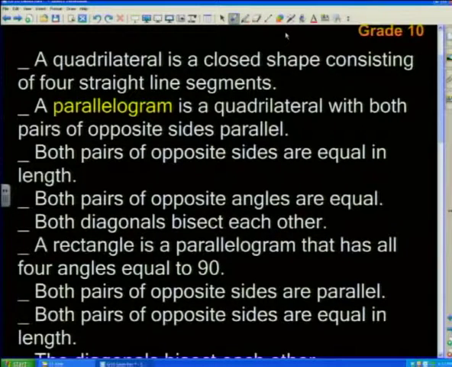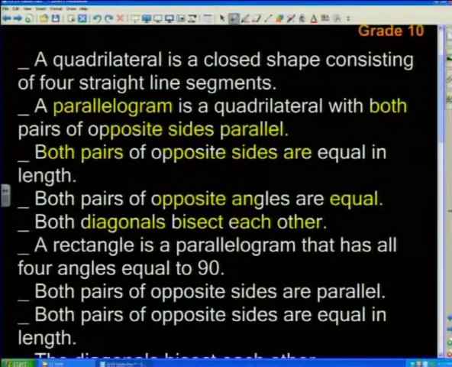It was a quadrilateral with both pairs of opposite sides parallel. Also in a parallelogram, both pairs of opposite sides were equal in length, all right? Both pairs of opposite angles were equal, and the diagonals bisected each other.